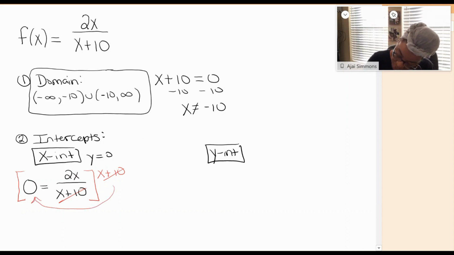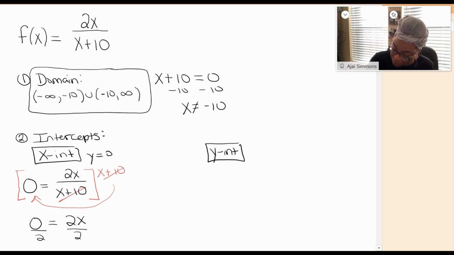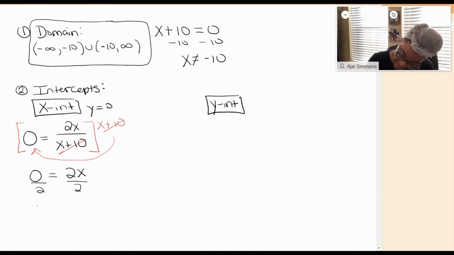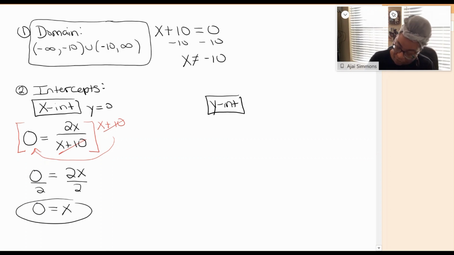So this will be 0 is equal to 2x. That's what I have left in the numerator. To solve for x, I'm going to divide both sides by 2, and 0 divided by 2 is just 0. So you get x is equal to 0. So that's one of your intercepts.